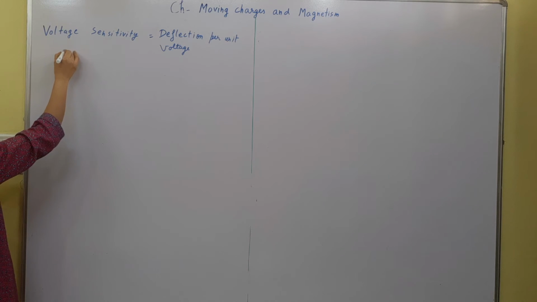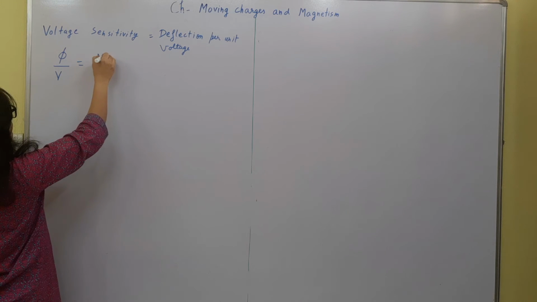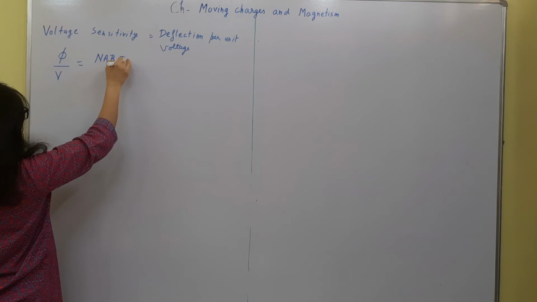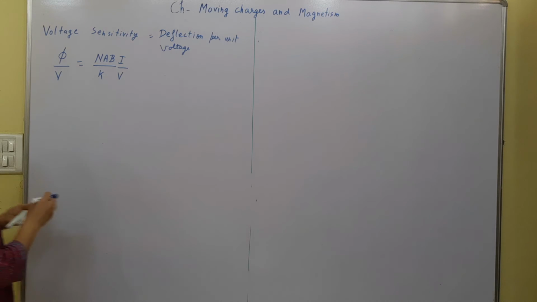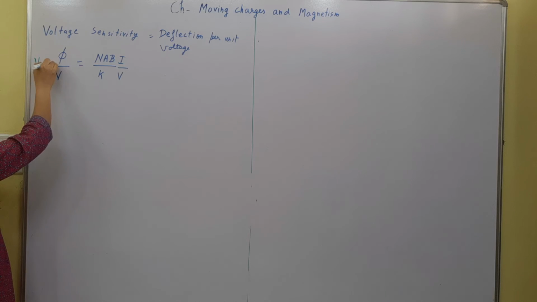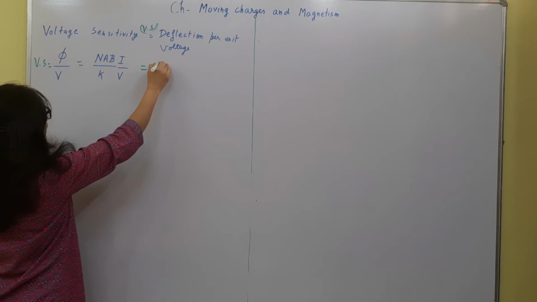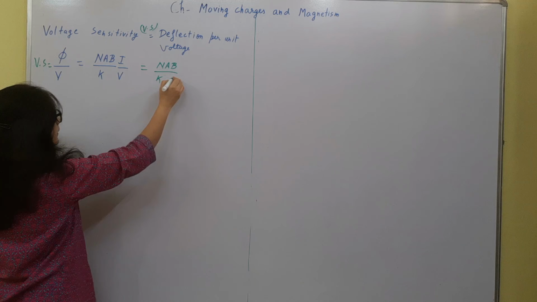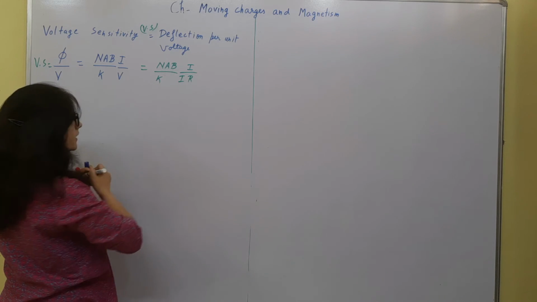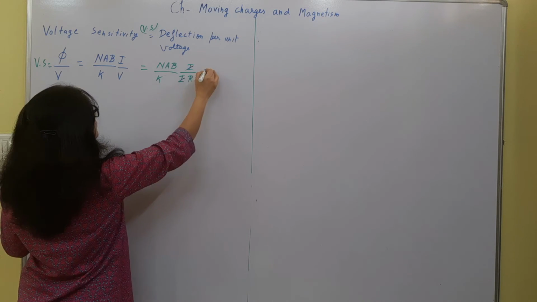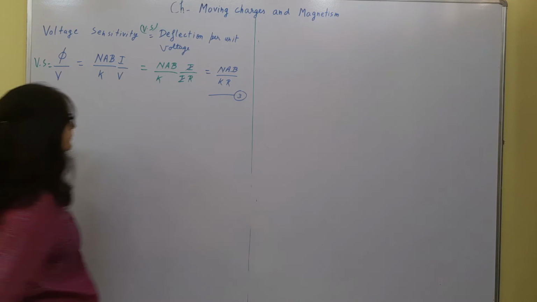So deflection per unit voltage can be written as this, and this is voltage sensitivity, NAB upon K. V can be written as IR, so I can be cancelled. So this is NAB upon KR. This can be considered the third equation, right?